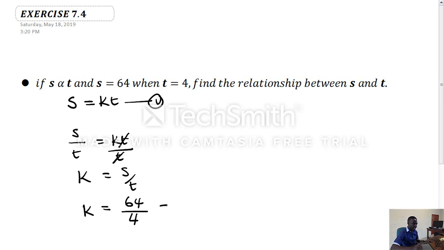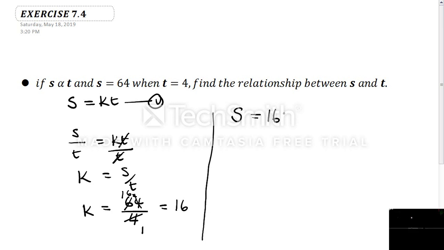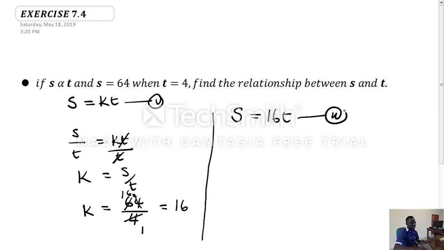When you simplify this, 4 into 6 is 1 remainder 2, this becomes 24, 4 into 24 is 6, so that 4 into 64 will give us 16. Being that our value for k is 16, we can therefore resubstitute k into equation 1 to get the relationship, and that will be x is equal to 16t as the relationship between x and t.